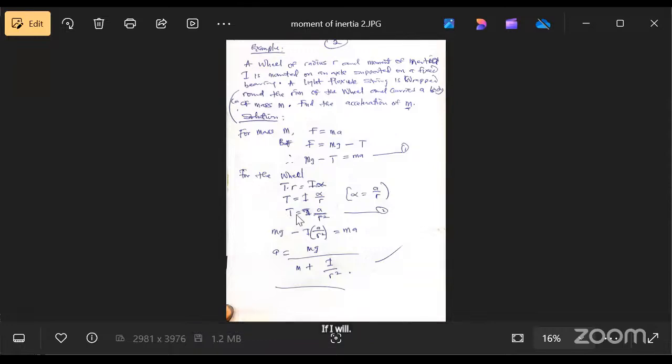So what other question? Okay, that means, sir, if the weight is less than the tension, equation 1 is going to be T minus weight equals MA. Yes, but if the weight is less than the tension, there won't be acceleration.